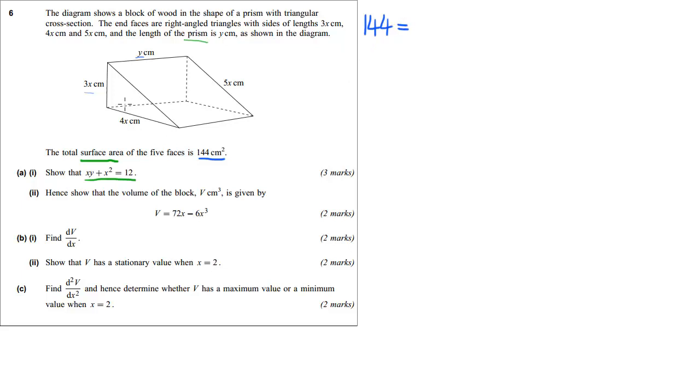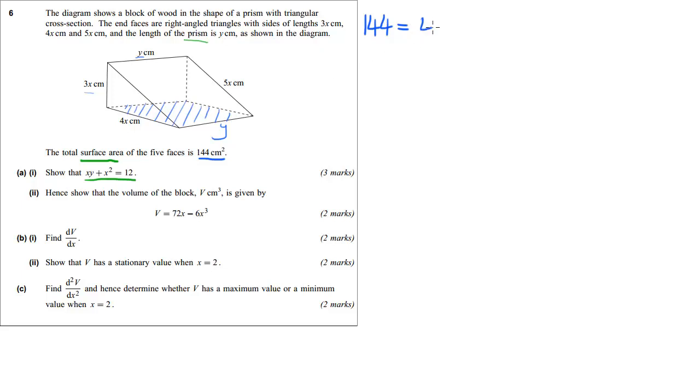Let's go through the bottom surface here. That is going to be 4x times by y. We're assuming that y carries on down here, so that's going to be y there.